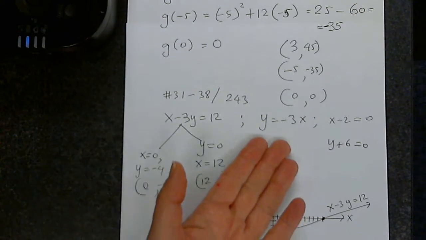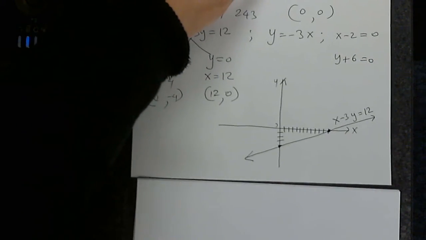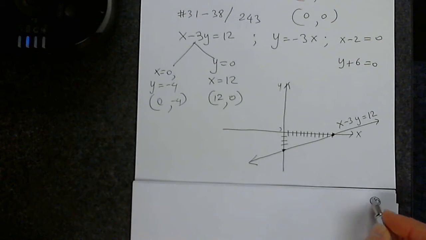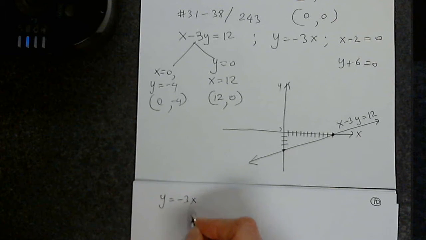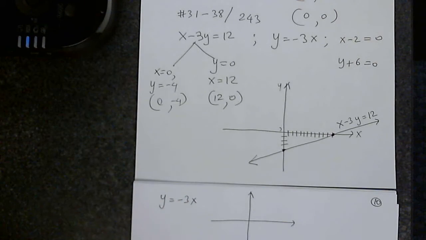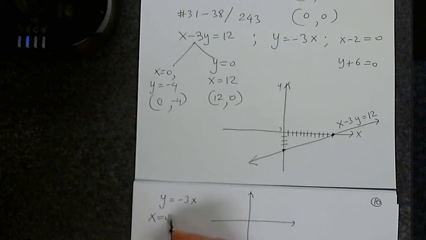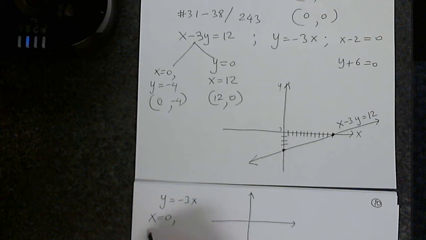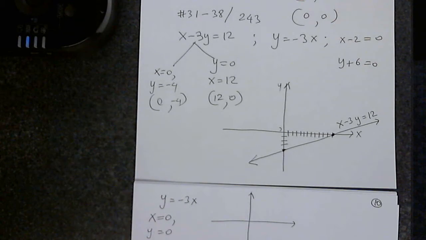Okay, the second one now. I have y equals negative 3x. When x is 0, how much is y? Which means 0 comma 0, it passes through the origin. In other words, 0 comma 0 is the x-intercept and the y-intercept.